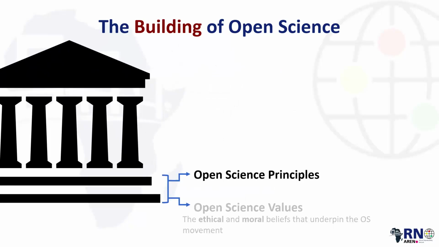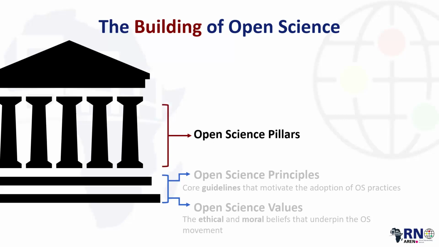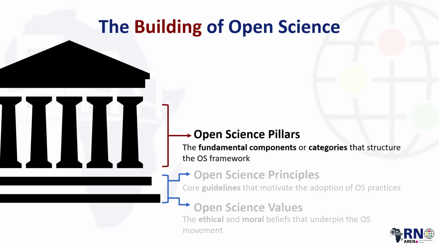Then we have the open science principles, and these are the core guidelines that govern and structure the open science movement. And then we have the pillars of our building, which are the open science pillars. And these are basically the fundamental components or categories of the open science framework. So they are the walls or the pillars that are holding this building around.